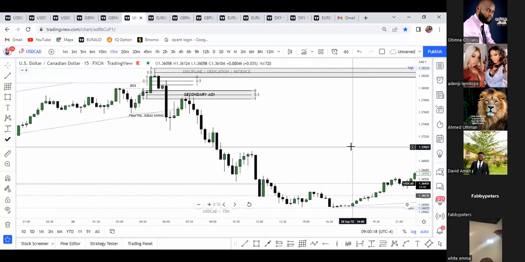And inducement of liquidity, show it to me. I taught you. Show me inducement. Show me hanging fruits. All those are internal range liquidity. Show me low hanging fruits. Show me inducement. Show me BC and CB monthly to 4 hour. Show me fair value gap monthly to 4 hour.